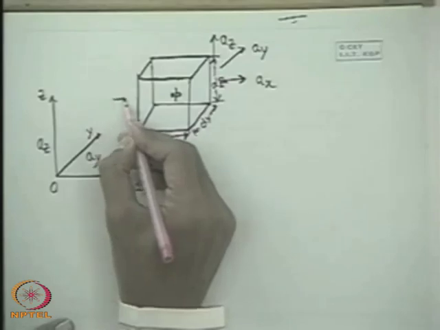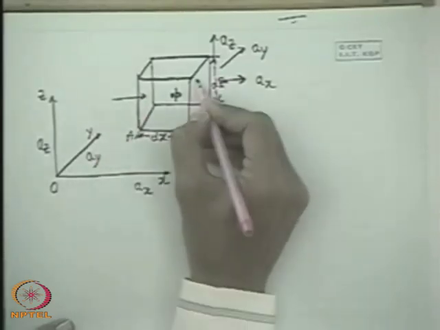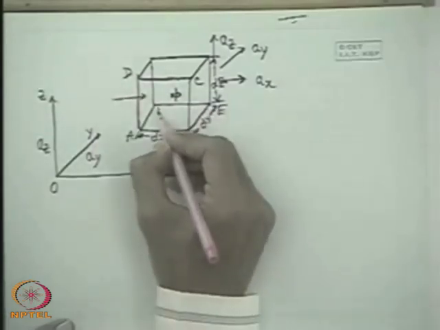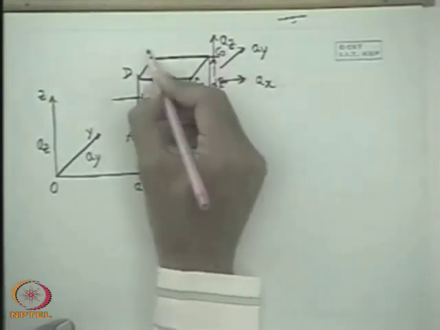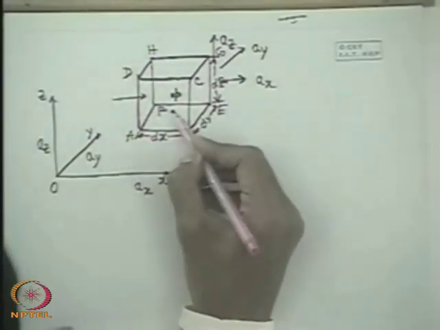Let us recognize the plane ABCD, and this one is E, this one is F, this is G. I have not drawn these back lines dotted.